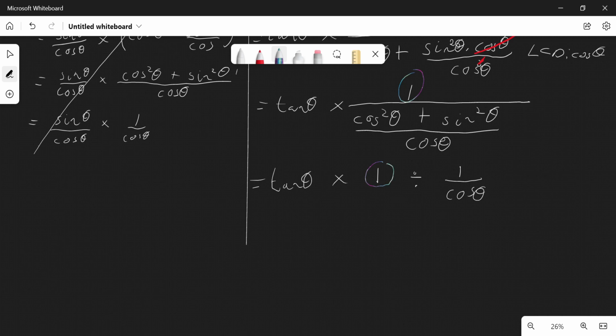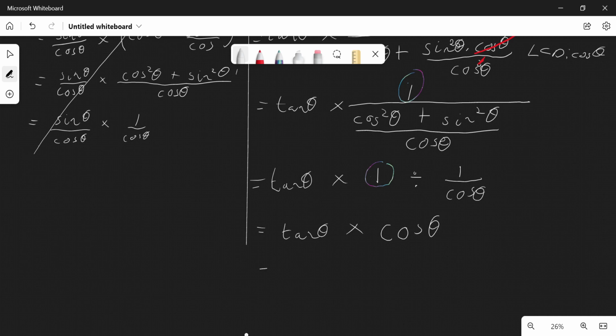These two ones here are the same. So we're going to get tan theta times 1. So when I switch this to a multiply sign, the cos goes to the top. We're going to get something like this.